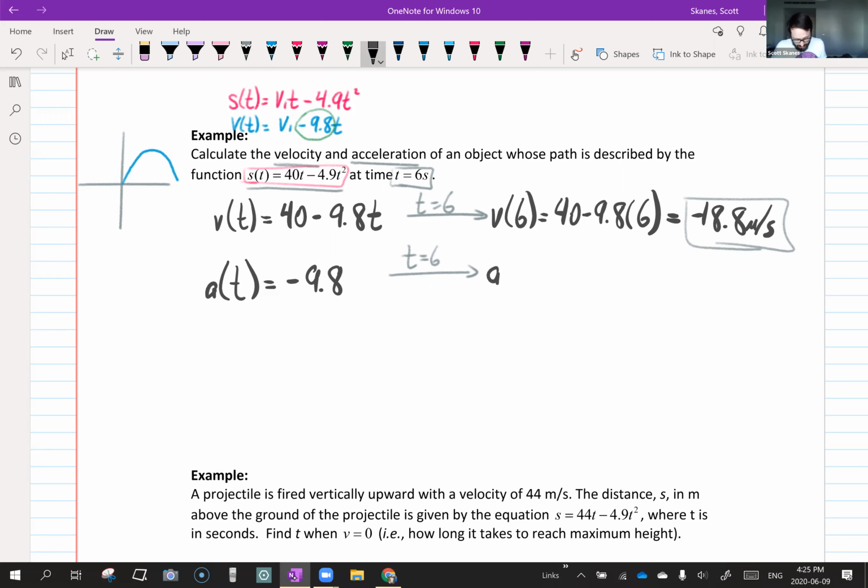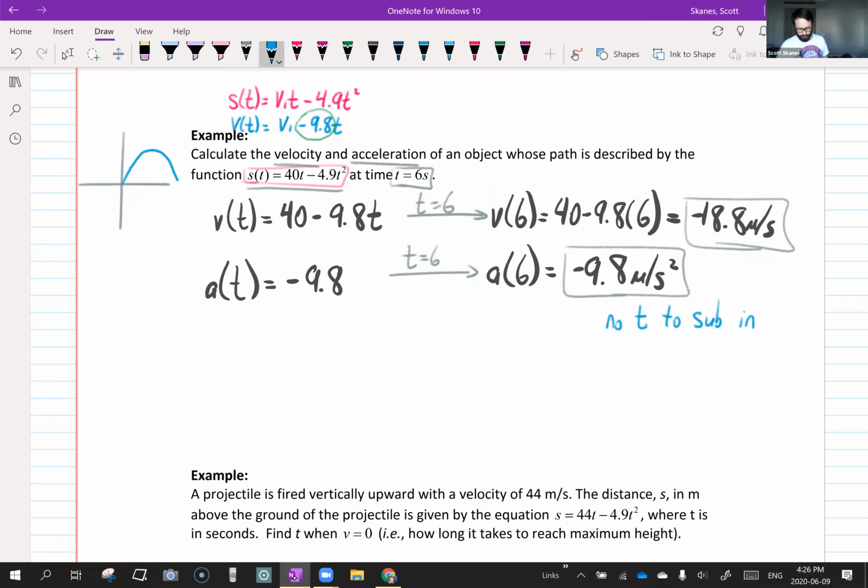So even though the time is changing, acceleration when time is 6, well, it's still negative 9.8 because there is no t term. There's no t to substitute in. All right, there's no t value in that equation, so it stays the way it is, which, if you remember your physics, is totally consistent with what you've learned. The acceleration when something is traveling through the air doesn't change. Gravity doesn't just turn on and off.